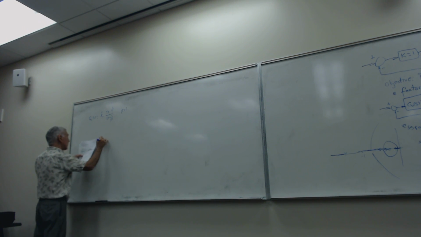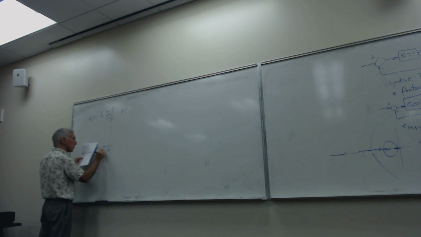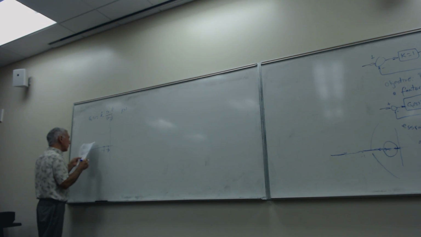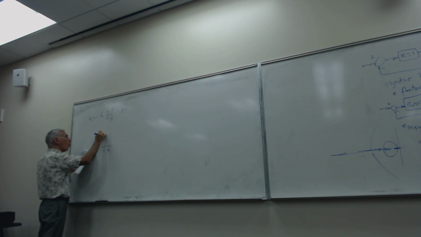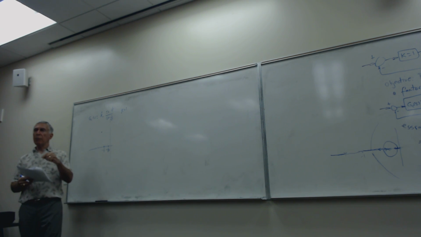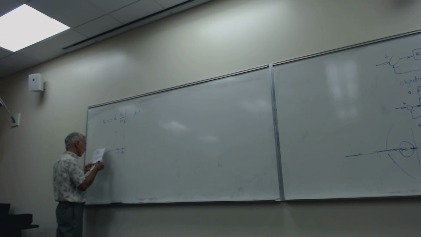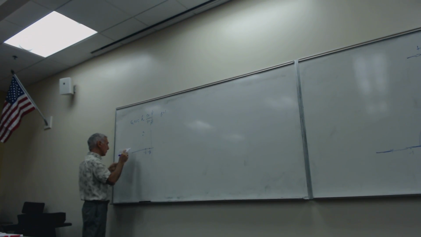In other words, I can make this drawing here. We have the pole, which is minus 1 over beta T, and the zero of the compensator at minus 1 over T, right? And we have our desired dominant pole of the closed loop system, here called S1, okay? It has some real and imaginary components to it.